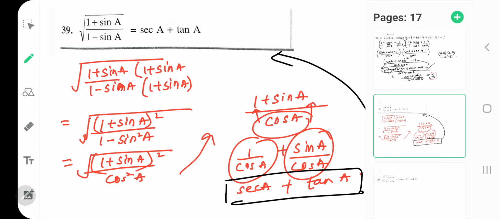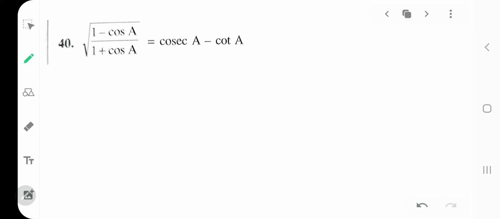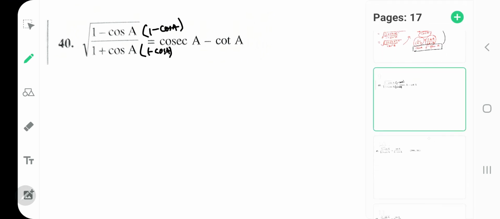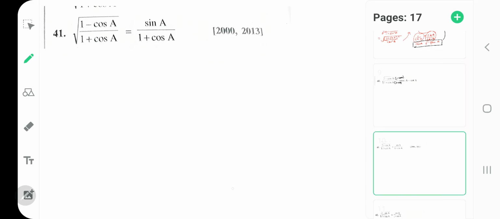Next we have problem number 40, which is similar to problem number 39. You have to multiply both the sides with 1 minus cos A and you will get the answer. Both the sides means numerator and denominator. Next is problem number 41.